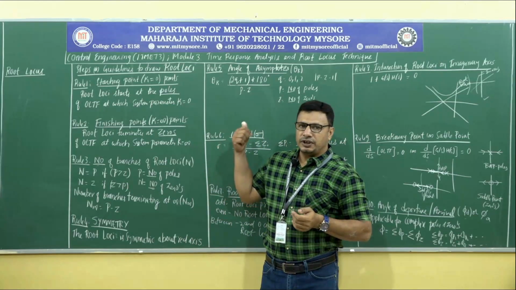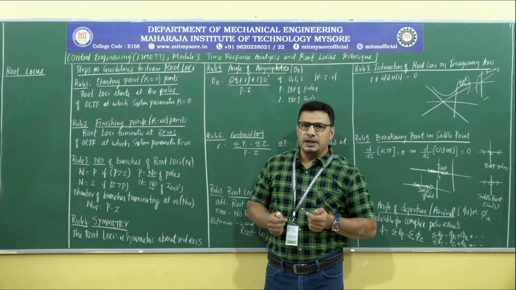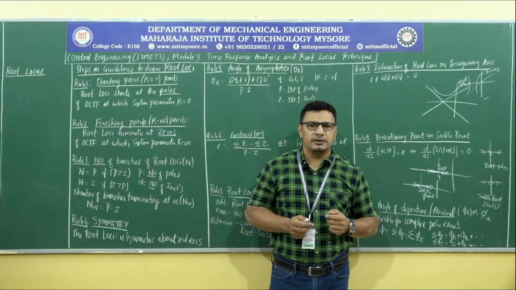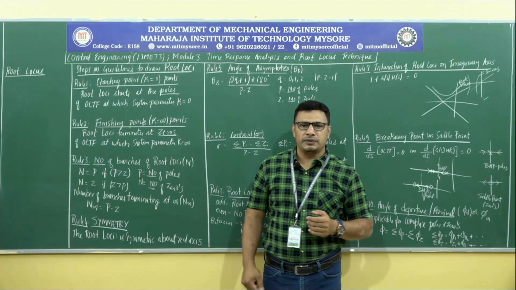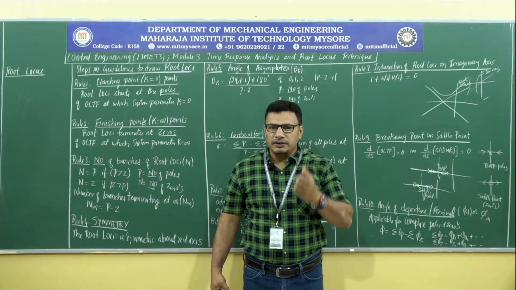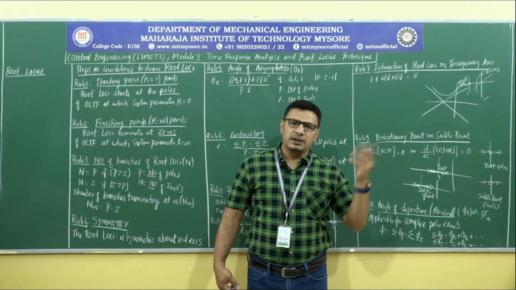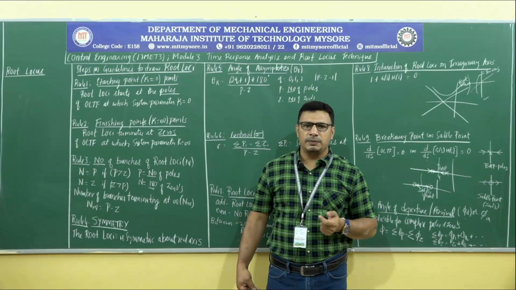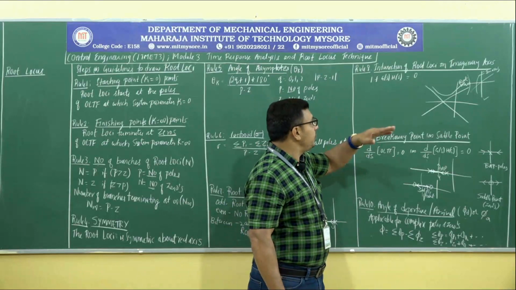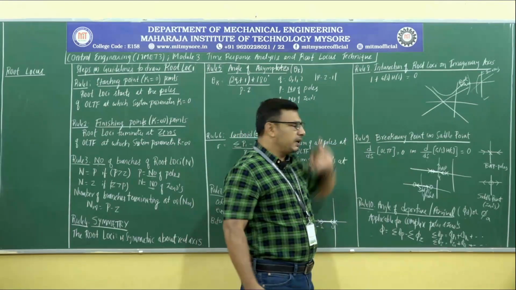If the angle of asymptotes is such that they are not crossing the imaginary axis and not moving to the right half of S plane, then we can ascertain that even the branches of root loci will not cross the imaginary axis. In such a case, there will be no intersection of root loci with the imaginary axis. Then in such problems, rule number 8 will not be applicable.